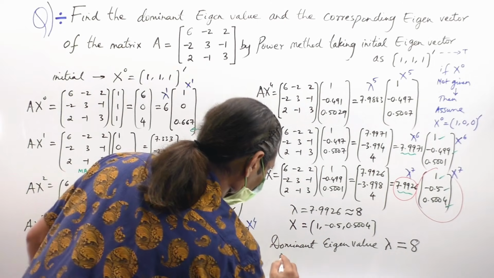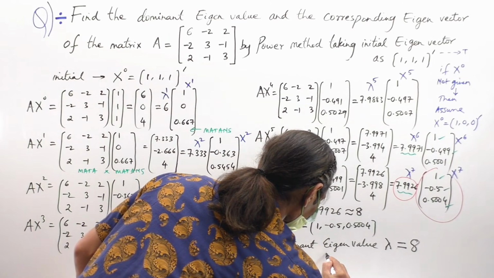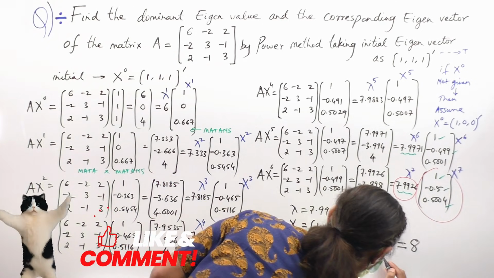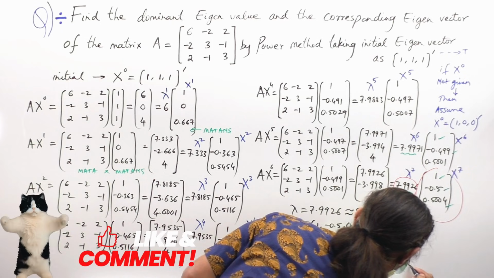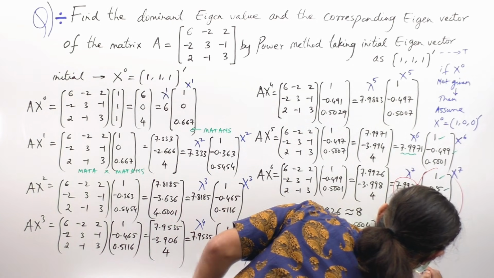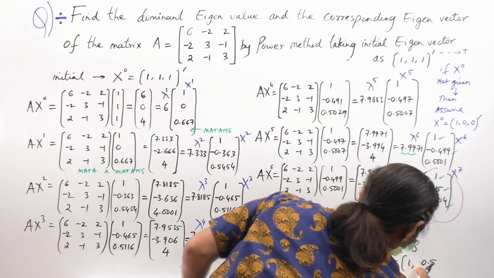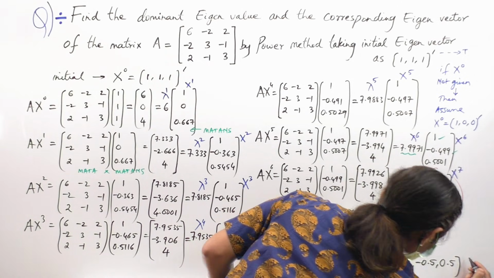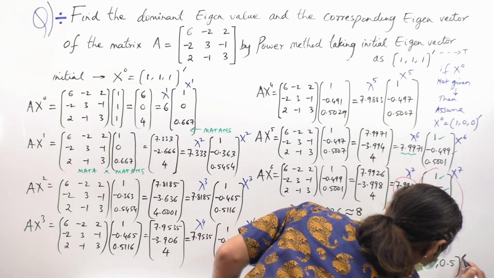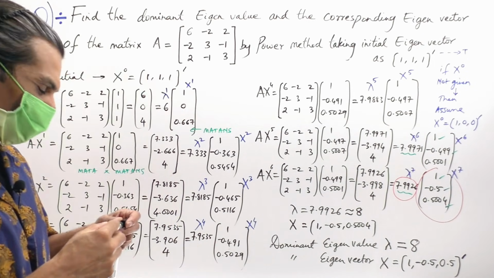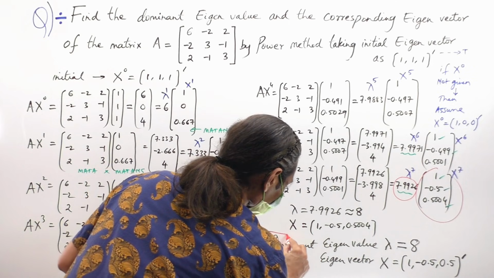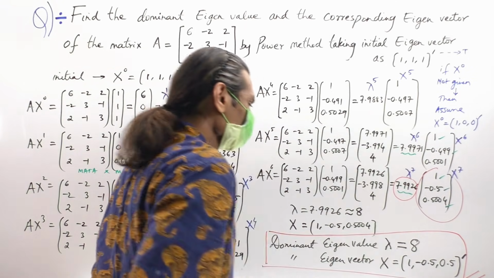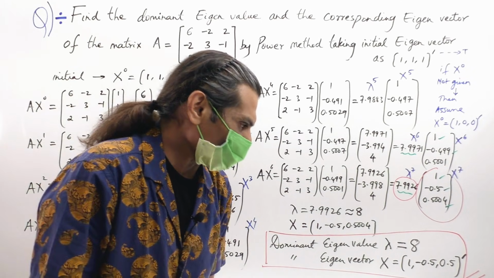And the dominant eigenvector x equals [1, -0.5, 0.5] transpose. That's all. This is the answer. Beautiful. So I'll underline this. Dominant eigenvalue is lambda equal to 8 and dominant eigenvector is x equal to 1, minus 0.5, 0.5.